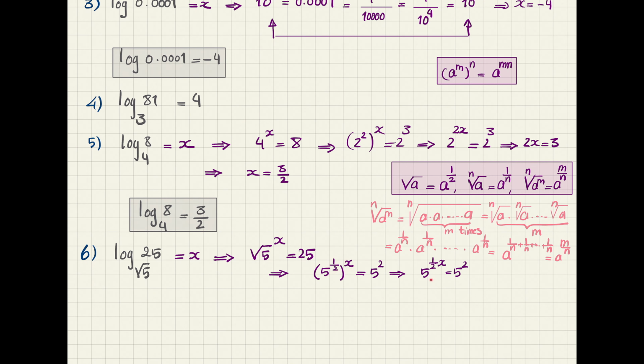And then this means that I have two exponents equal with the same bases. So this is not possible unless the exponent of the left one is equal to the exponent of the right one. But my goal is to find x, so I multiply both sides by 2, so x becomes equal to 4. So then it means that the log of 25 in base square root of 5 is nothing except 4 exactly.